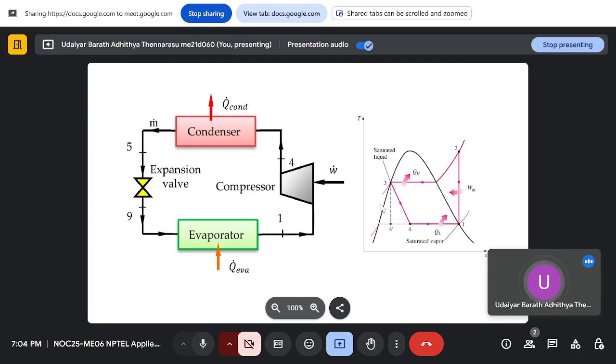So we replace this constant entropy process with an isenthalpic process, which is a constant enthalpy process.